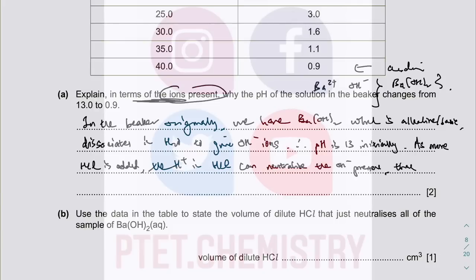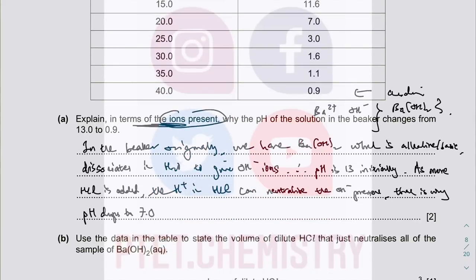That is why pH drops to 7.0 at 20.0 cm cube of HCl. Neutralization is where the amount of H plus is actually balanced by the amount of OH minus. That's why at pH 7 there is an equal amount of H plus and OH minus.